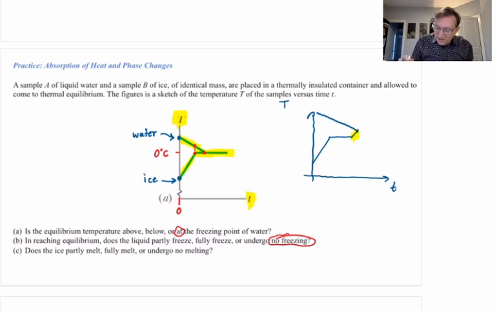So we're going to say that the ice partly melts based on that graph that we're given. So we are left with a mixture of ice and water at 0 degrees Celsius. And if you've got a glass with ice and water together, then you know they're both at 0 degrees Celsius, if it's staying that way, okay?